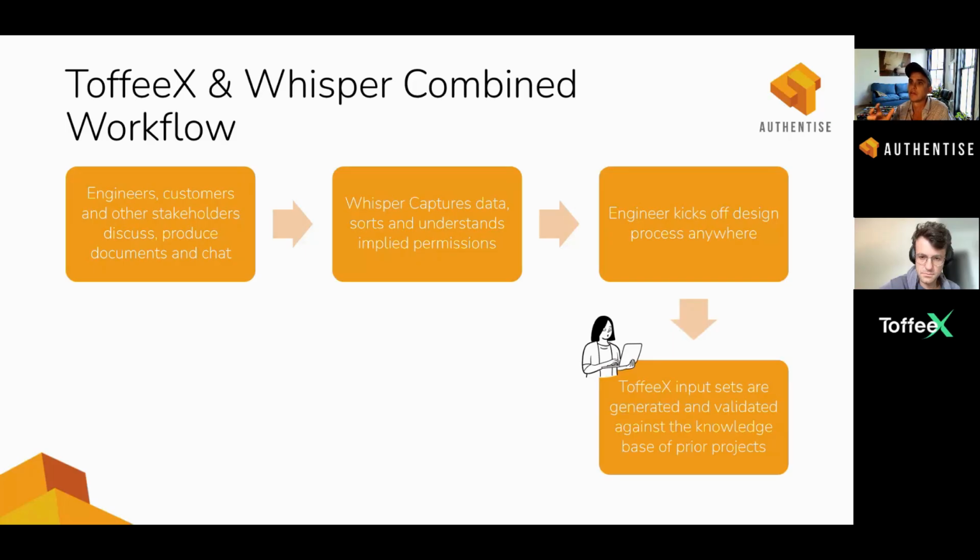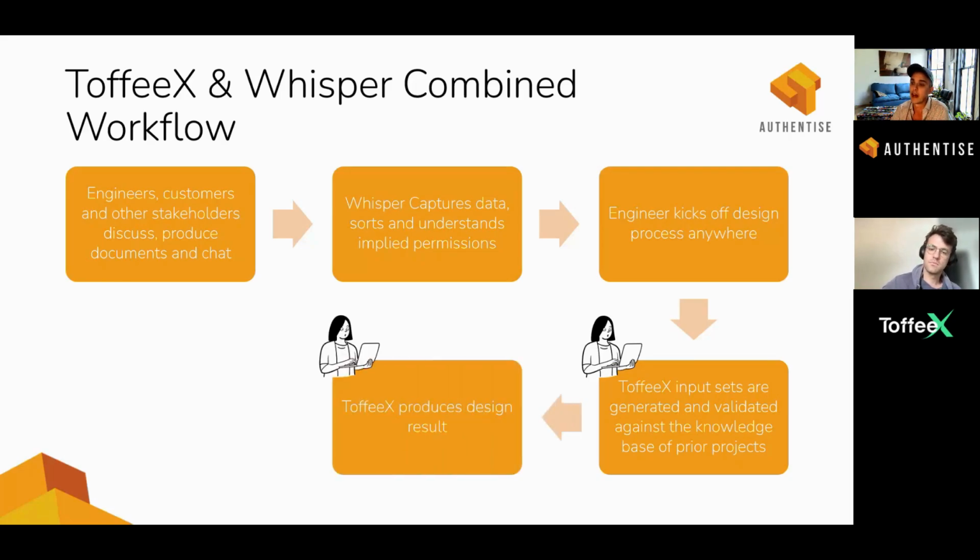Then you send that via API to ToffeeX. ToffeeX can design that information. It basically uses a set of parameters, displays those to the user, and generates an output that the user can then review again.